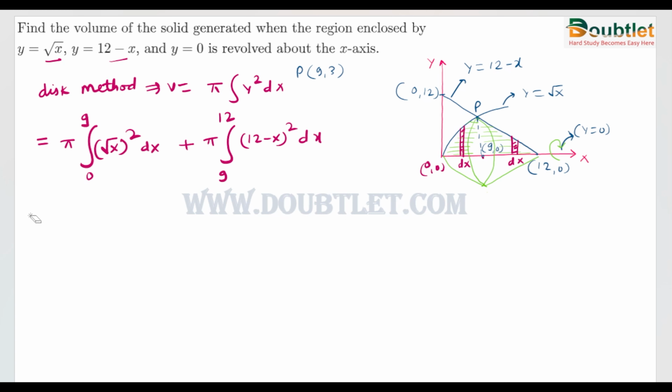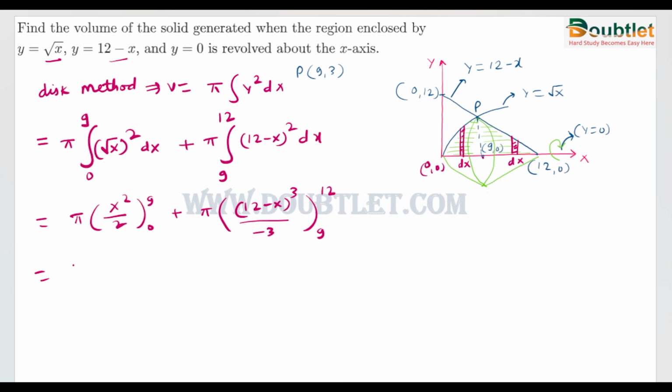If we solve these integrals, what do we get? This will become π[x²/2] with limits from 0 to 9, then plus π[(12 − x)³/(−3)] with limits from 9 to 12.